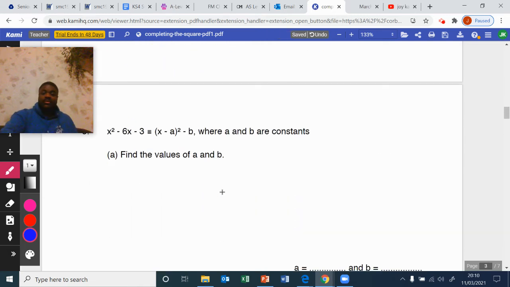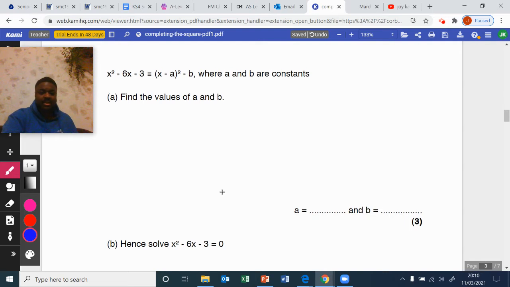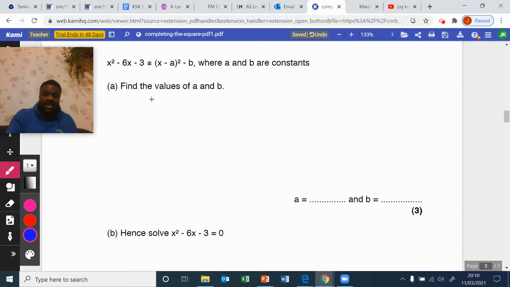Okay, another question. Looks kind of meh, but let's go for it. Same thing. X, half the coefficient of 6 is 3. This time it's a minus, so it's minus 3 squared. Take away the square of this. Technically, we can do this: minus 3 squared.